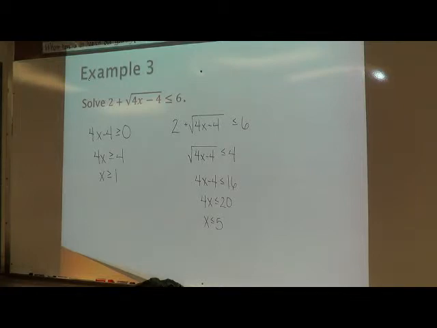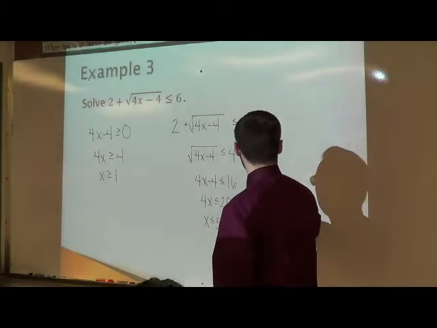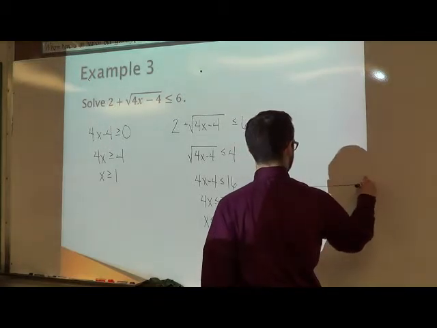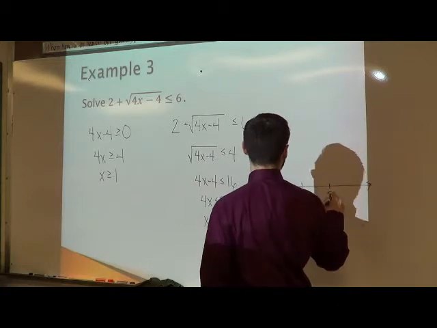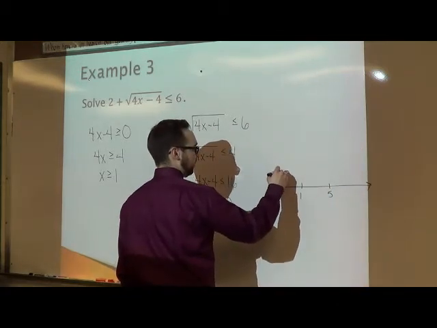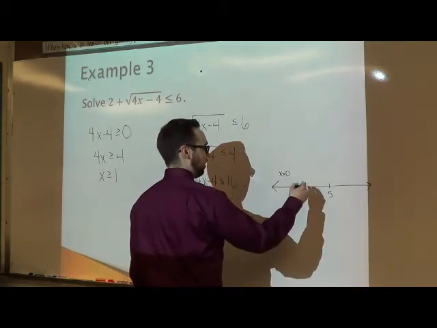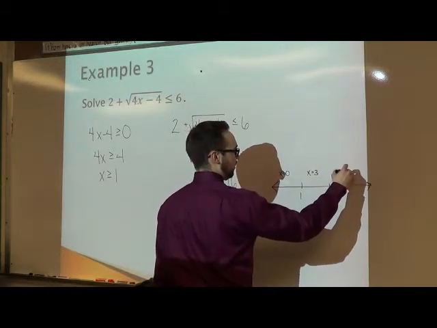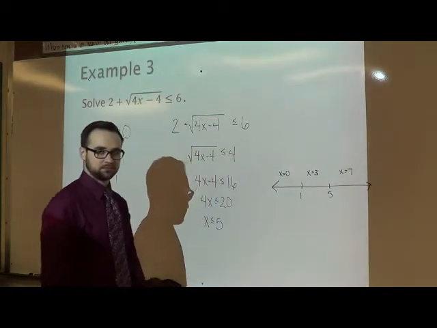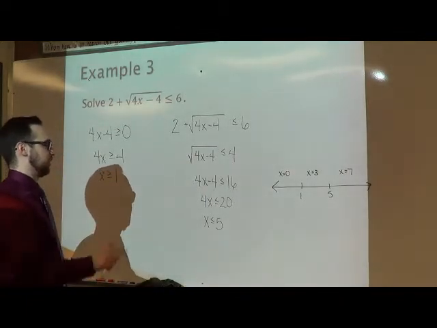We're going to test one lower than 1, because if we look at our number line here, we're setting up 1 and 5. So I'm going to test a value down here, let's say x equals 0. A value here, we'll say x equals 3. And then a value up here, let's say x equals 7. It doesn't matter what values you choose as long as they're in between there.